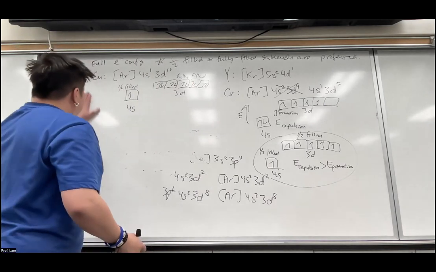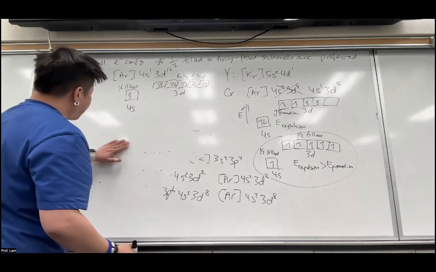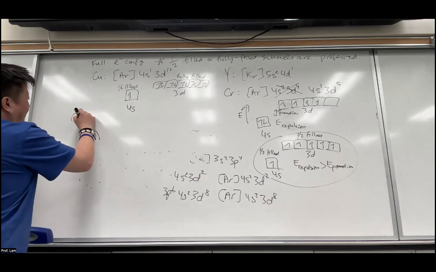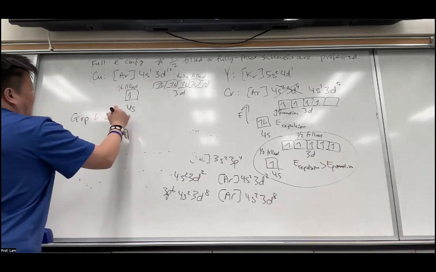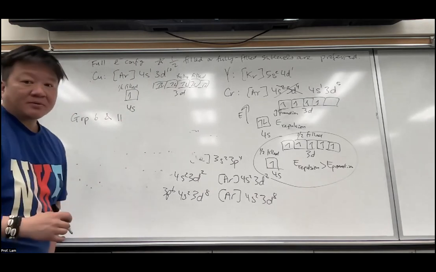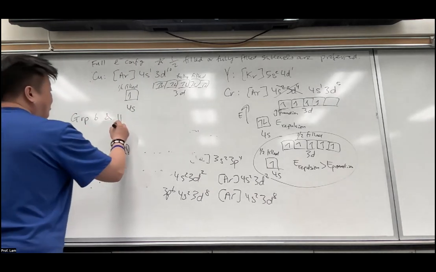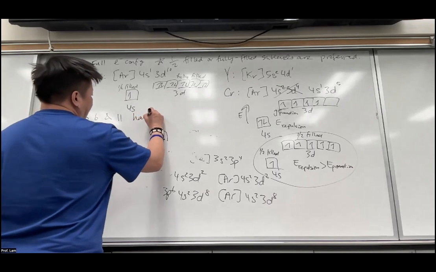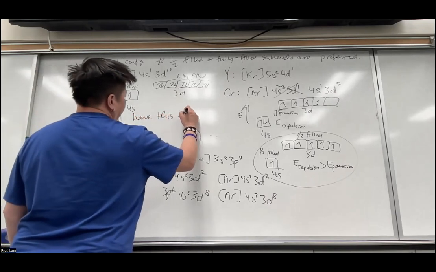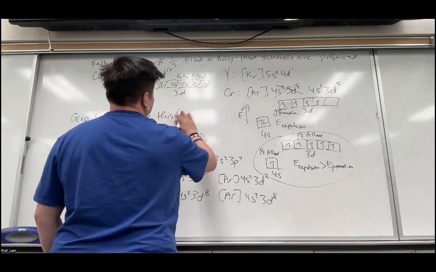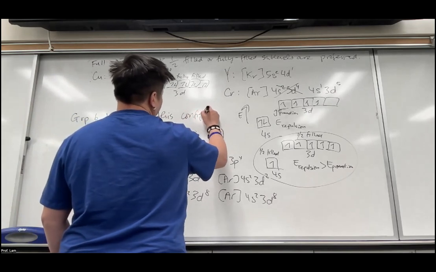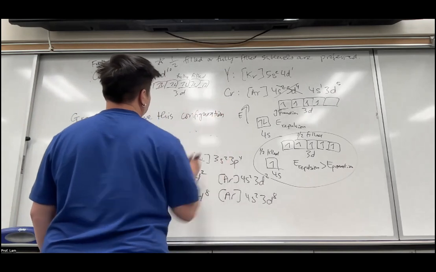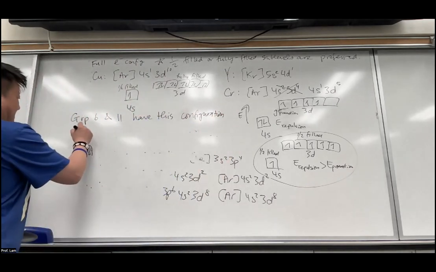So guys, how can we just remember this exception? Go by the group number. What was chromium's group? 6. And what's copper's group? Group 11. So group 6 and group 11 have this configuration, and it's the exception to the rule.